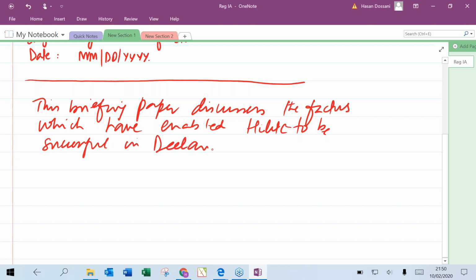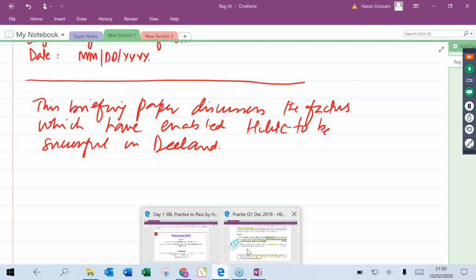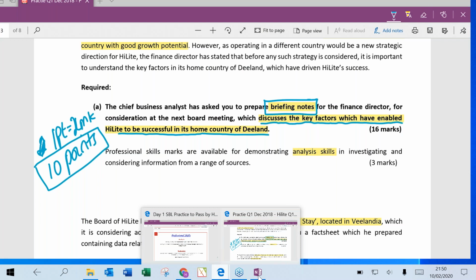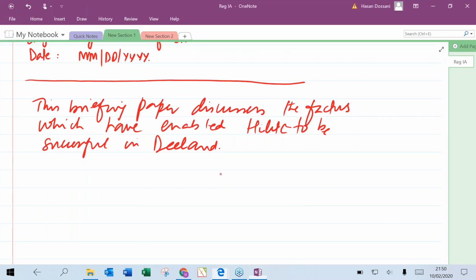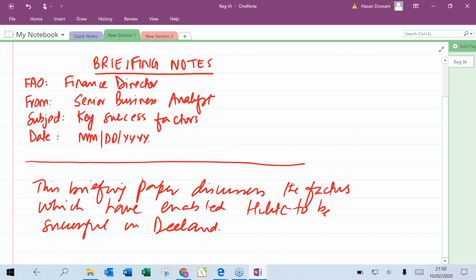What I did, I just copied the wordings from the scenario and created an opening sentence. We need to save time. So if you get stuck in drafting your own fancy juicy introduction sentence, you will lose precious time.